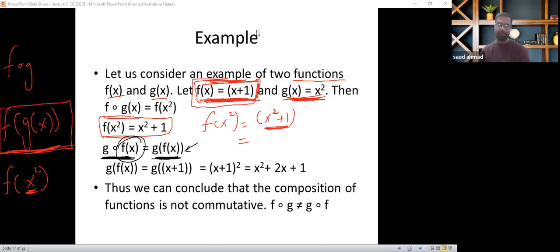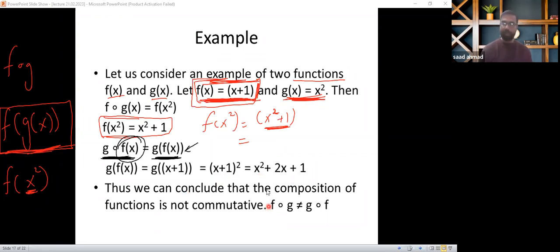So g of f of x is equal to, what is f of x? You put that here, x plus 1. And then you use the function g, which is x squared, so it will be x plus 1 squared, which becomes x squared plus 2x plus 1.